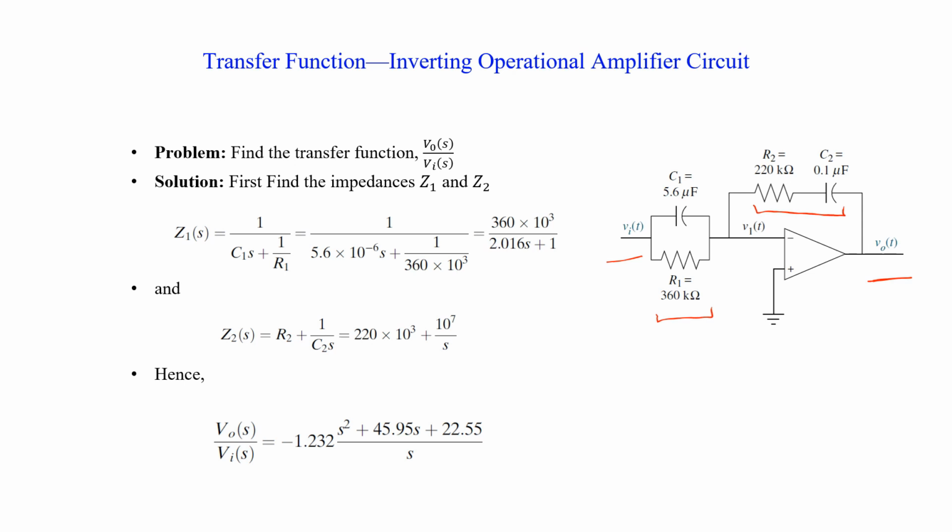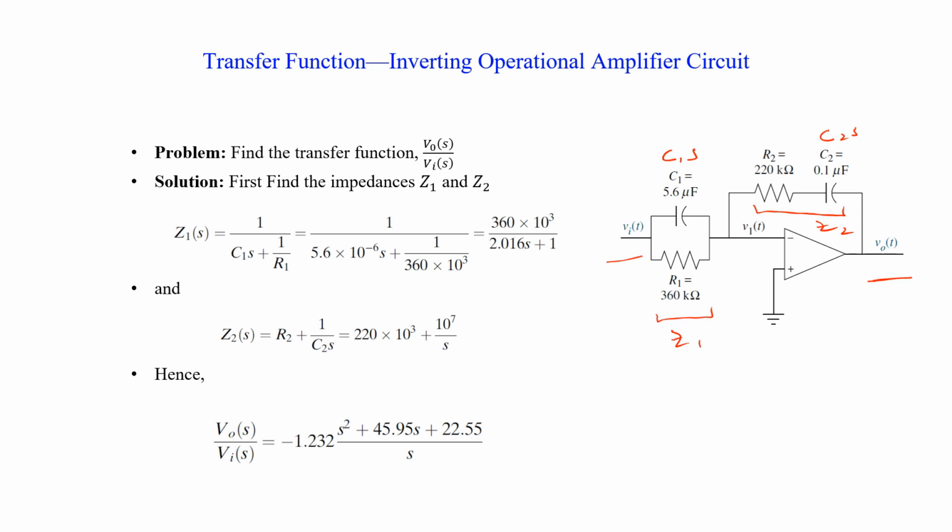So firstly we will transform this circuit into the equivalent Laplace transform circuit, where the C1 will be now C1 into S, and R1 will be same, and R2 will be same, and C2 will be now C2 into S. Now this is Z2 and this is Z1. Z1 is in parallel and Z2 is in series.